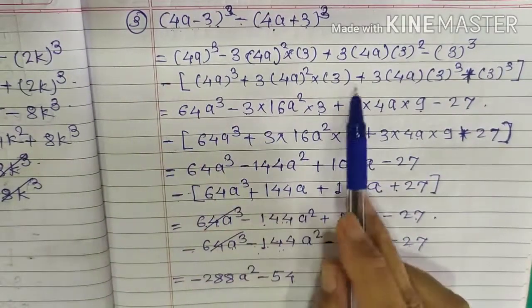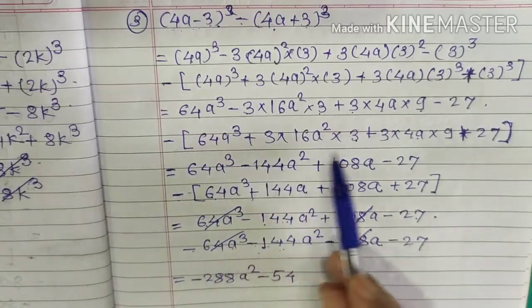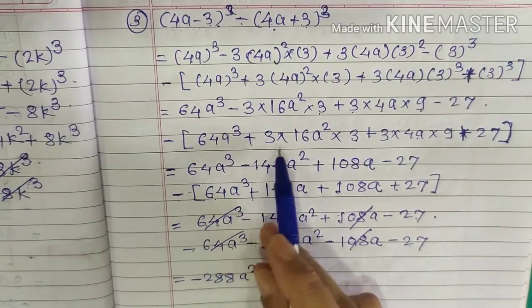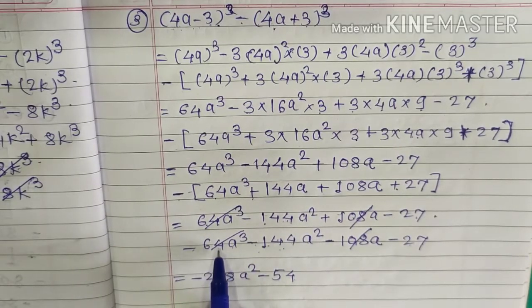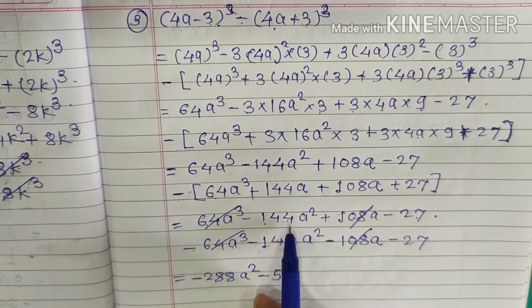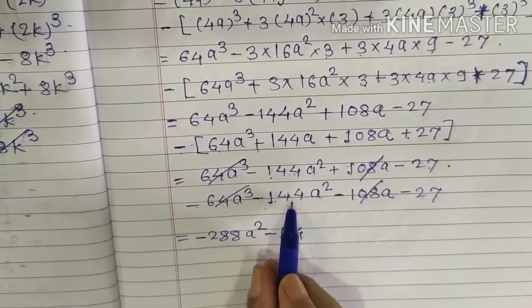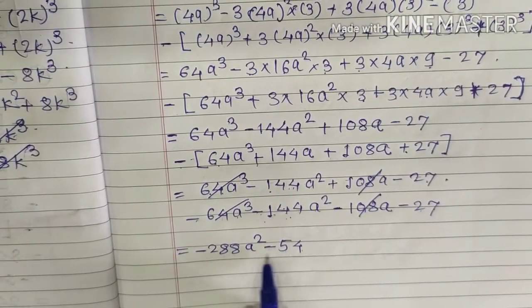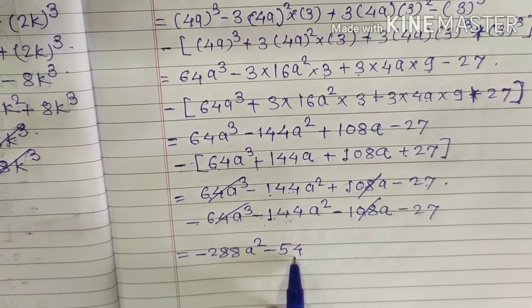We first expand the given brackets, then make the cubes and squares and also the multiplication, and then cancel the unlike terms here, and then make the addition of the like terms. We get the simplified example's answer here.